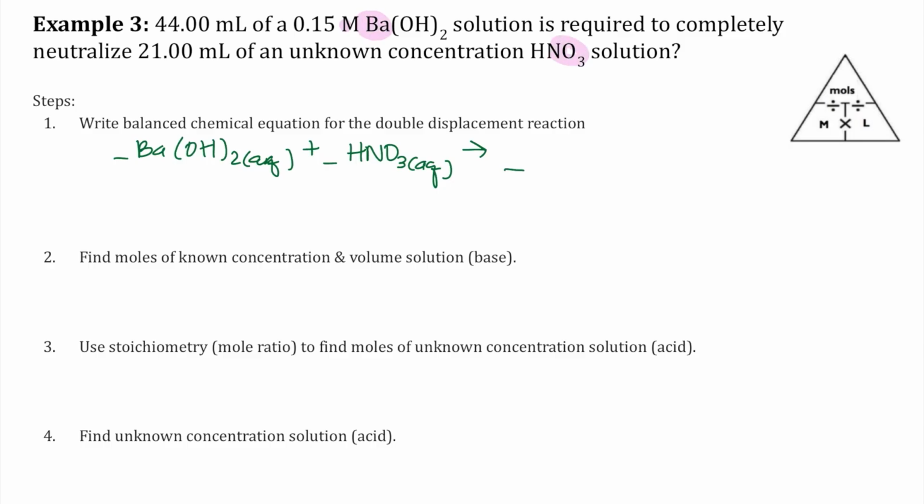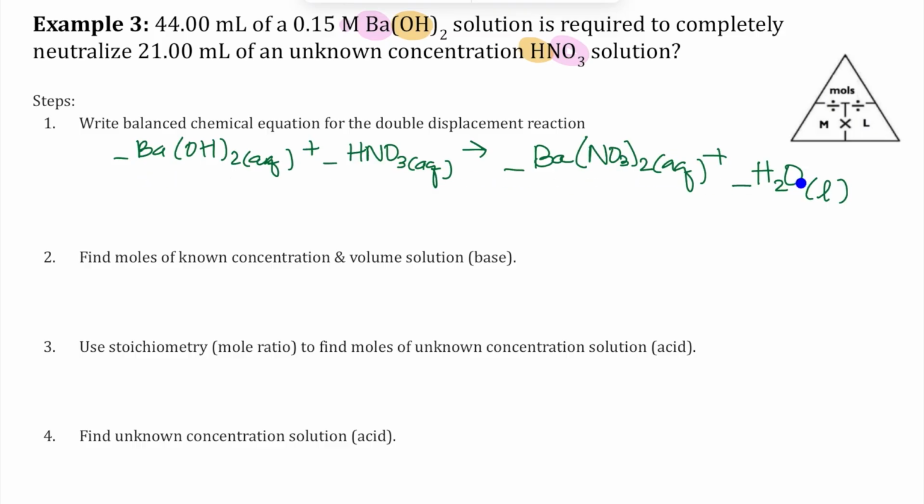Barium's a plus 2, so we get Ba(NO3)2, which is aqueous, plus our positive hydrogen is going to pair with our negative OH. And so then we get H2O, or HOH. That one is actually a liquid. So here we have that double displacement reaction.